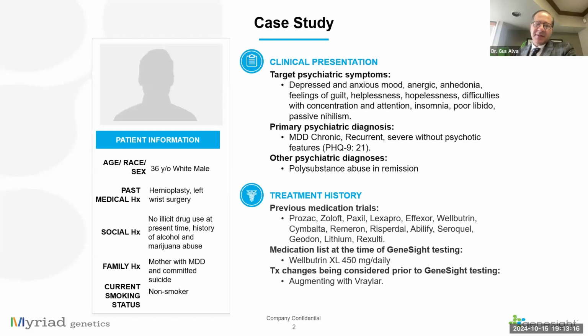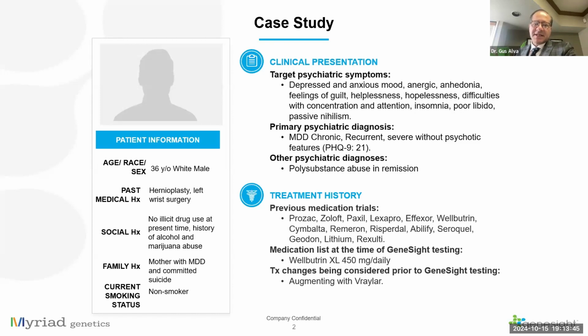He presented feeling depressed and anxious, having significant vegetative symptoms, being anergic, anhedonic, feeling guilty, helpless, hopeless, having a lot of difficulty with concentration and focus, insomnia, libido out the door, and not necessarily being actively suicidal, but certainly having a strong sense of passive nihilism, meaning, what's the point of being alive?